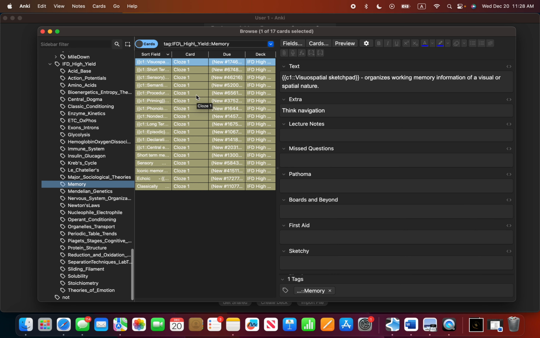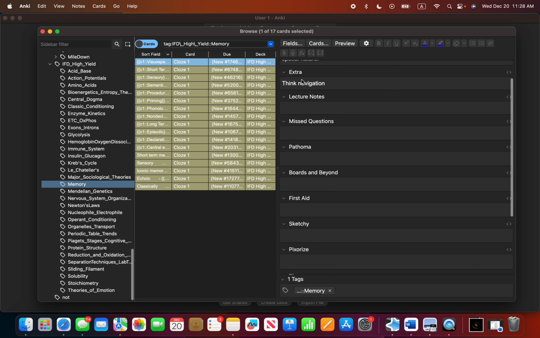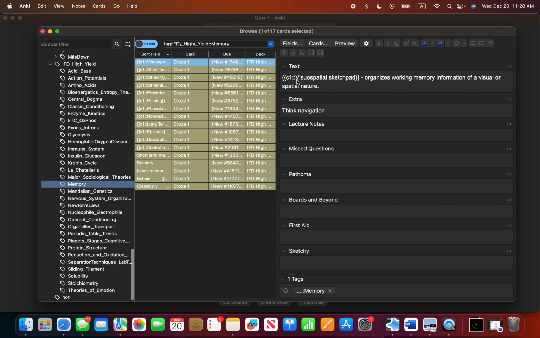Let's delve into memory. We have the visual spatial sketchpad, which organizes working memory information of a visual or spatial nature. Think navigation. I have never seen this in my life.